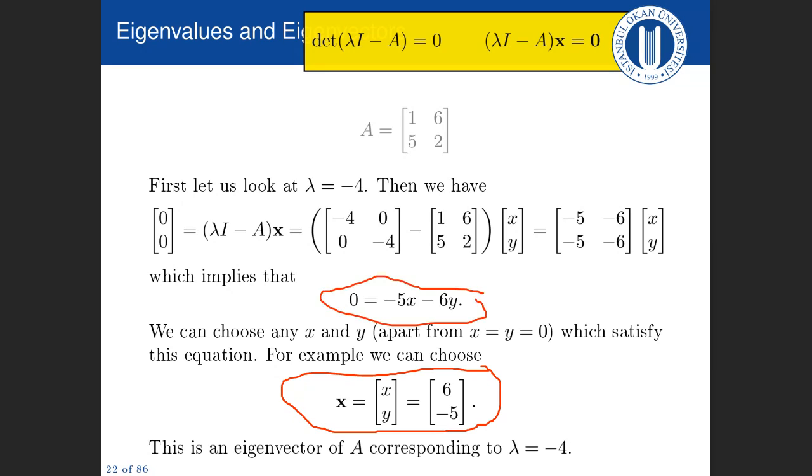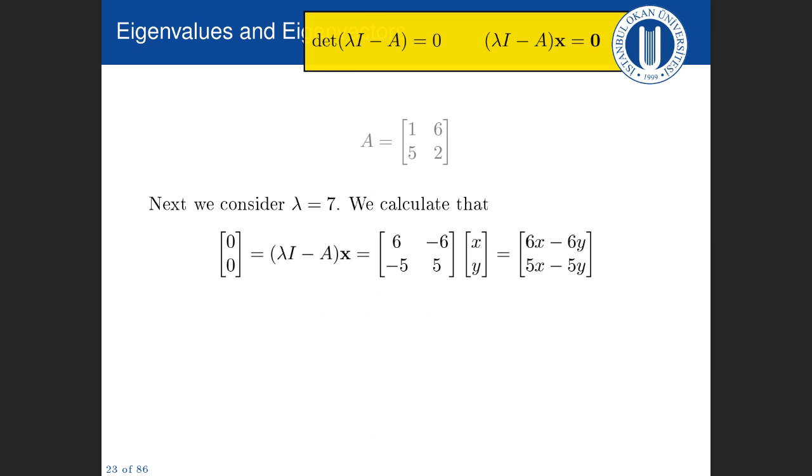Check that that satisfies the equation. This is an eigenvector of A corresponding to the eigenvalue minus 4. Let's find the second eigenvector. We've done it for minus 4.